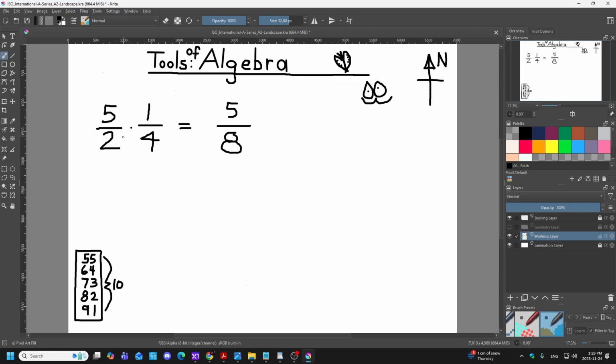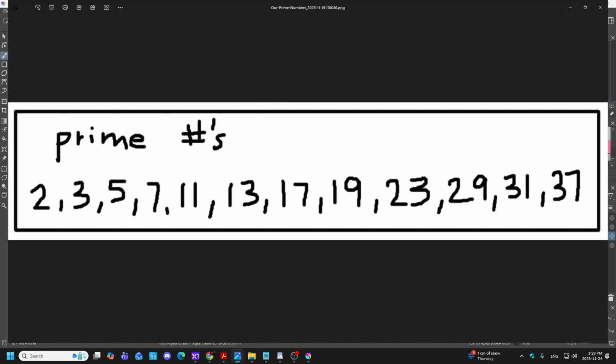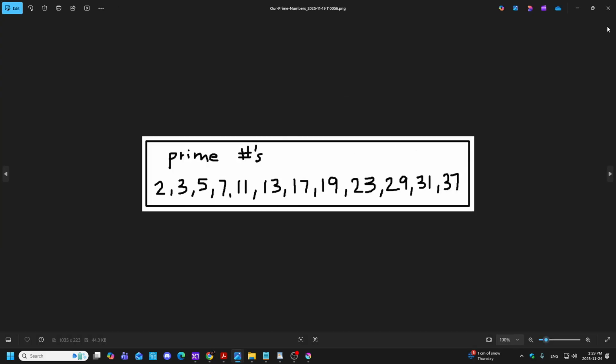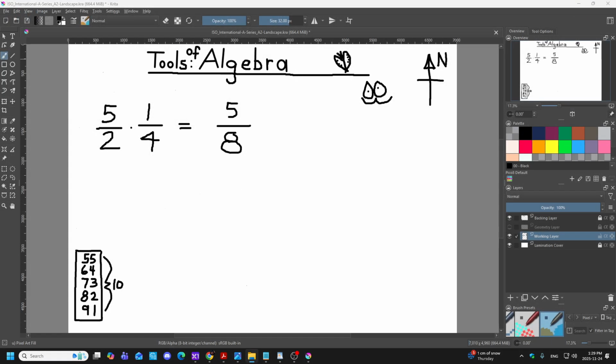Right, we can see that there's no canceling in the beginning. There's going to also be no reducing. Right, we can clearly see that. And plus 5 is a prime number. We are definitely done.